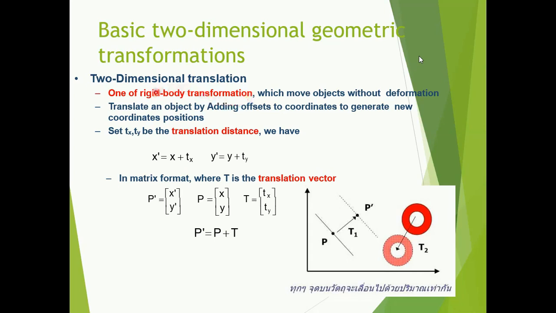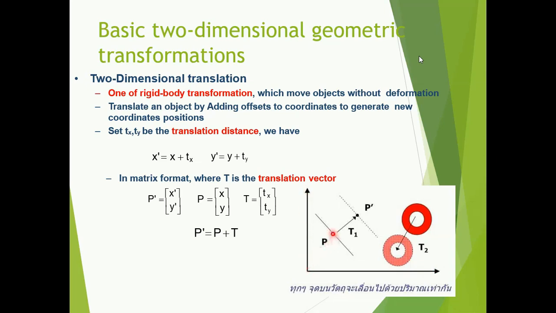Now the 2D translation translates an object by adding offsets to the coordinates to generate new coordinate positions. So how exactly do you move an object to another position in the 2D plane? For example, consider the x-axis and y-axis. So this is a 2D plane.